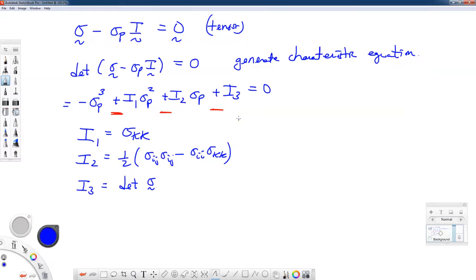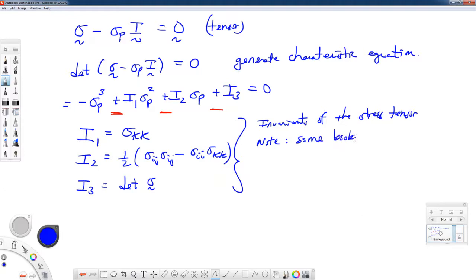So we should make a little note of that. In the characteristic equation, sometimes those signs alternate.